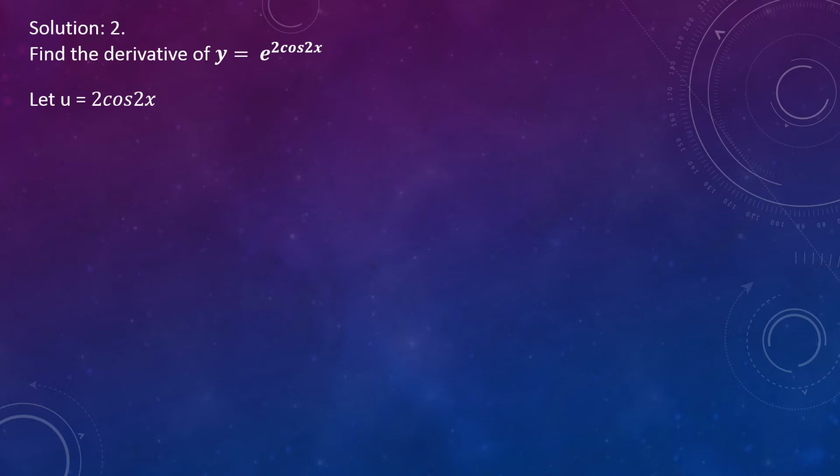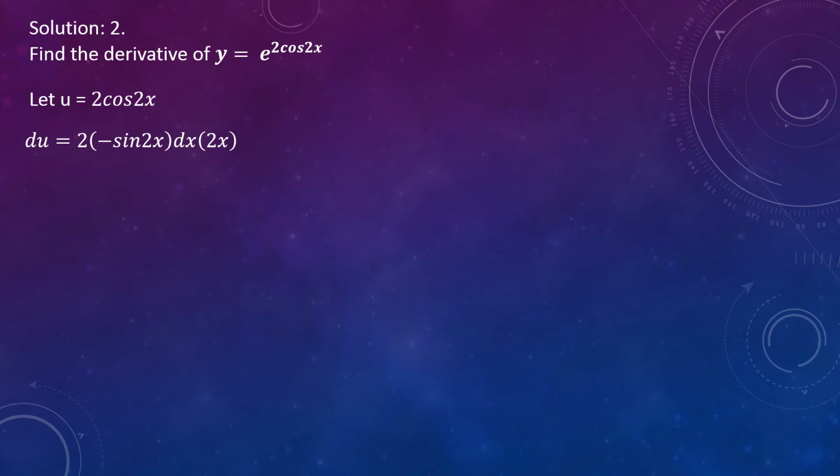We use a variable because we still have to get the derivative of the function in the exponent. So we can now get the derivative of u. We write du is equal to 2 times the derivative of cosine, which is negative sine, then copy the angle, 2x. So we have negative sine 2x times the derivative of the angle, because we still have to use the chain rule.